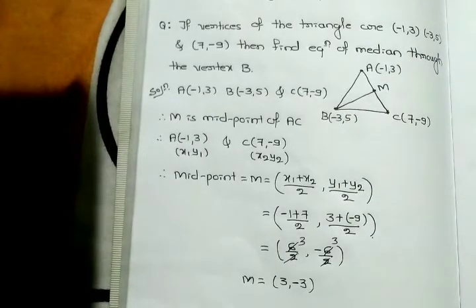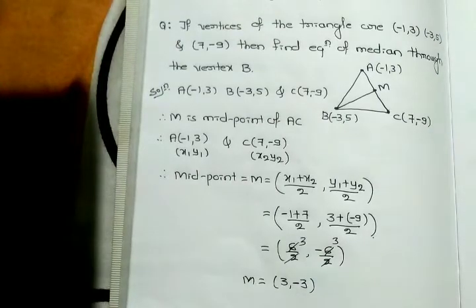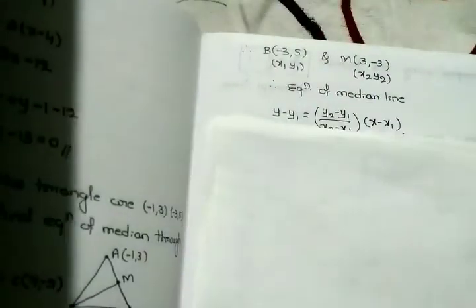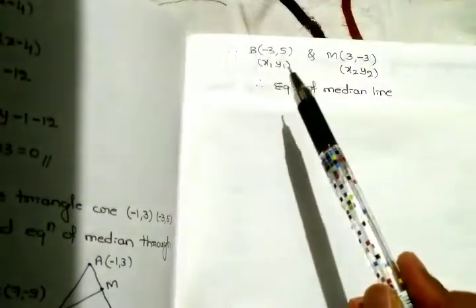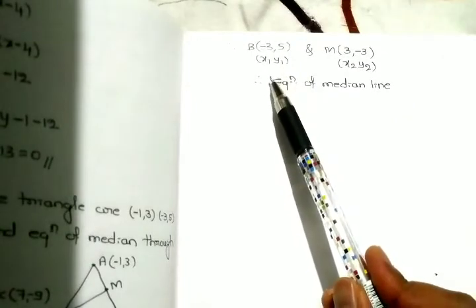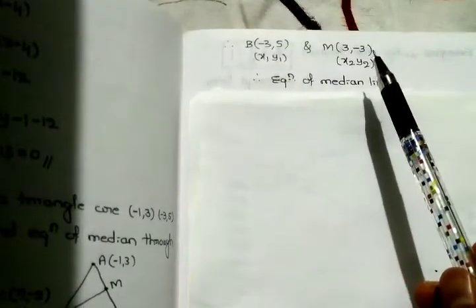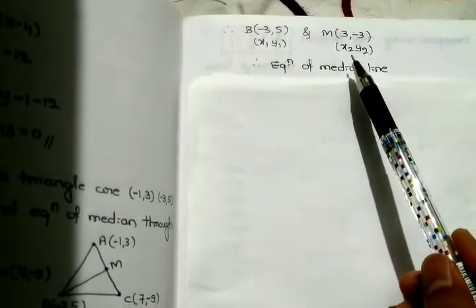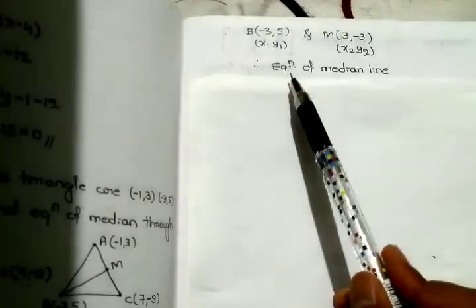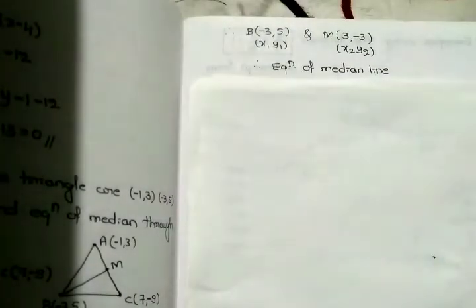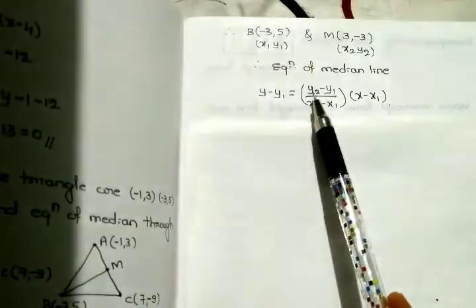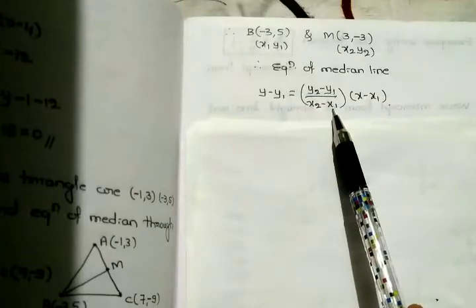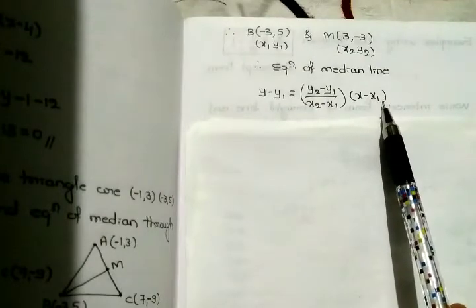Okay, therefore first point B in bracket minus 3 comma 5 consider as x1 y1 and M in bracket 3 comma minus 3 consider as x2 y2. Therefore equation of median line: y minus y1 equals y2 minus y1 upon x2 minus x1 into bracket x minus x1.